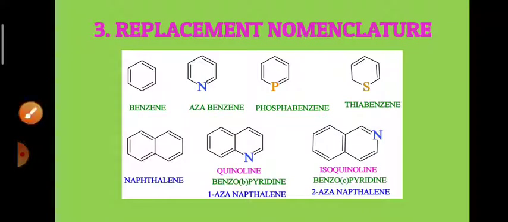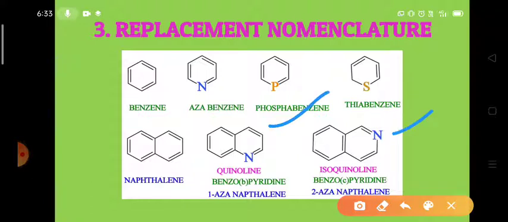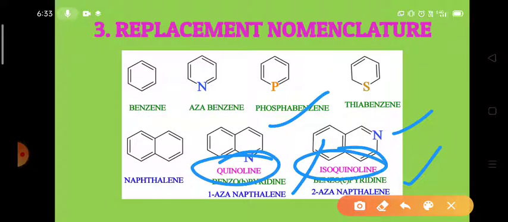We can consider these two compounds as products of benzene or products of naphthalene also. So if we consider them as products of naphthalene, we can give these names: 1-azanaphthalene and 2-azanaphthalene. But the trivial names for these compounds are quinoline and isoquinoline. Okay.